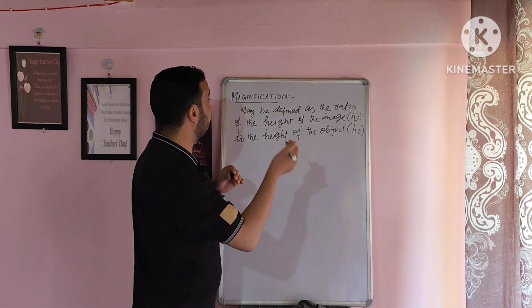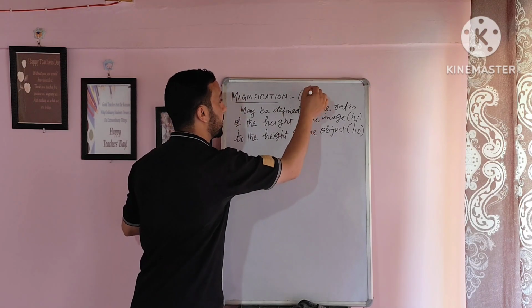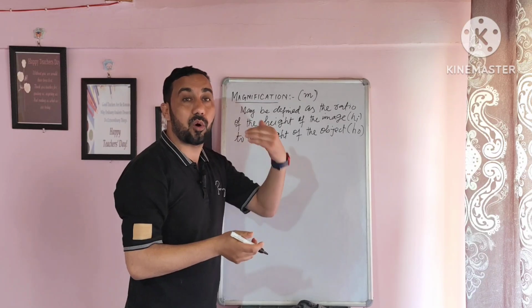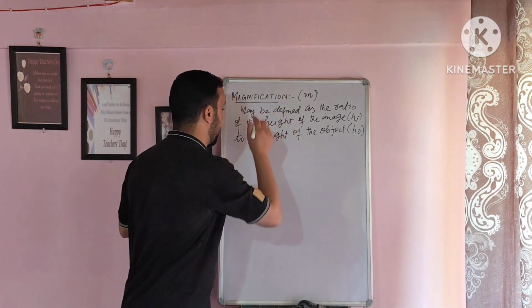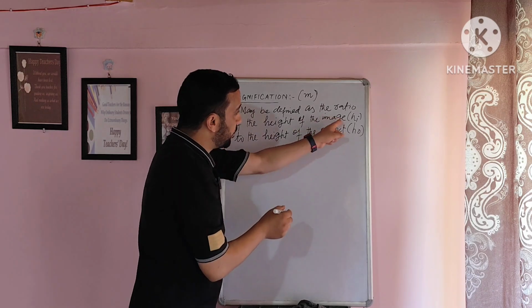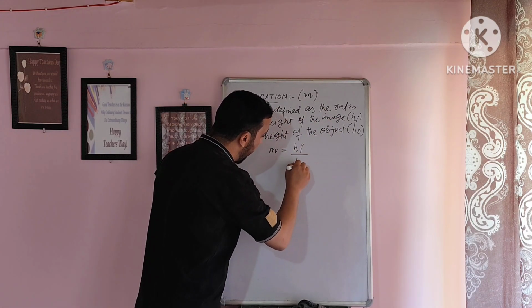And you must remember that magnification is usually represented by a small English letter m, and therefore m is equal to the ratio of the height of the image, that is hi upon ho.